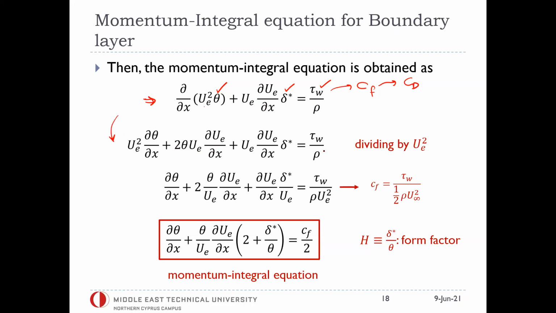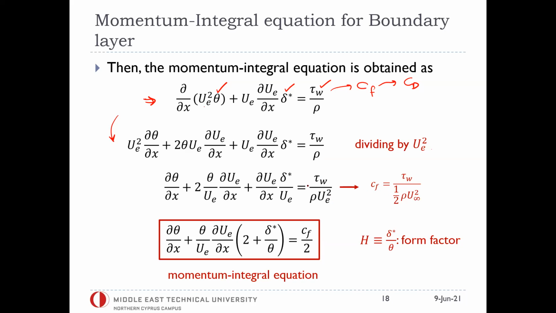Dividing by UH squared, we get this form of the equation, and introducing the definition of friction coefficient, instead of tau wall, after dividing by UH squared, there's already a rho here.